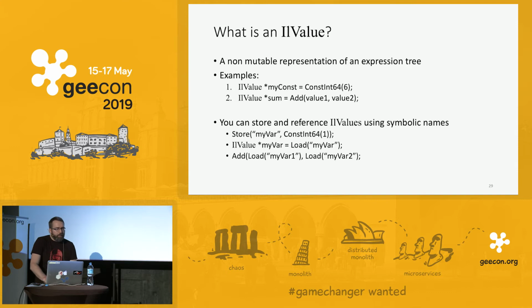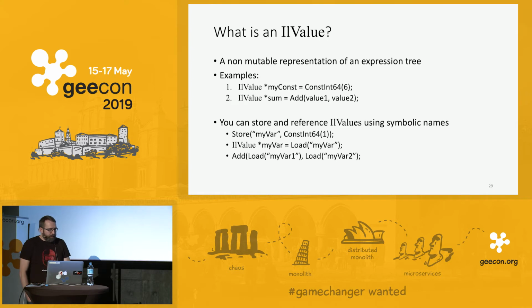When we start coding, one of the things you're going to see a lot, or hear me say, is IL value. Basically, this represents an immutable expression tree to our compiler. Most of the JitBuilder APIs return an IL value and take it as parameters. In the examples, you can see that I'm getting a constant of 6, and you could have them at different sizes.